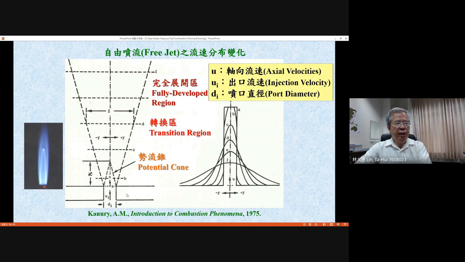In this case, we assume you can have some arrangement from the experiment, such as a screen or honeycomb, to reduce this big hole to very tiny holes, and push all your flow through those small holes and inject it out. Then you can produce the so-called uniform velocity distribution profile at the exit plane.